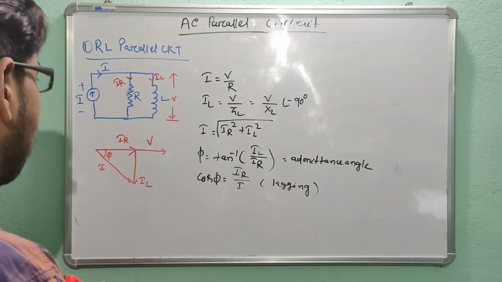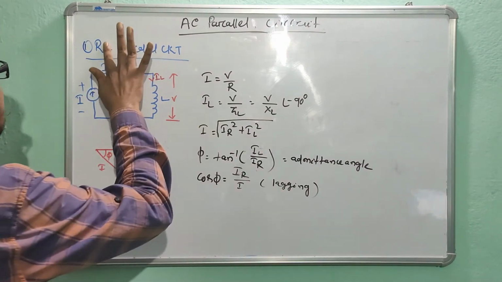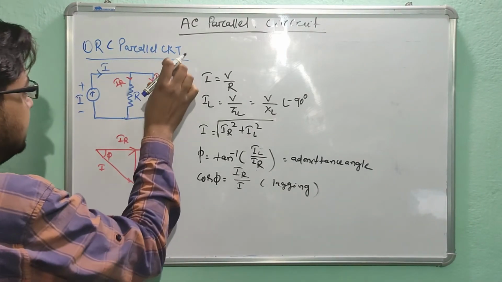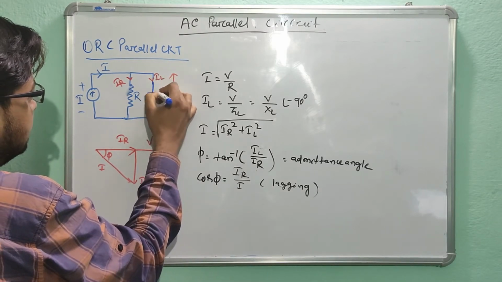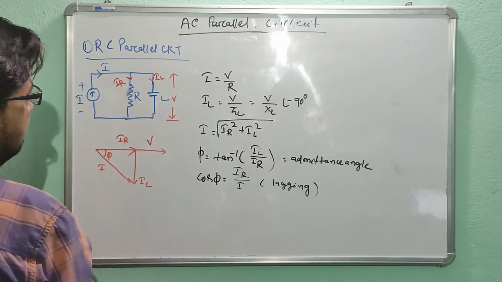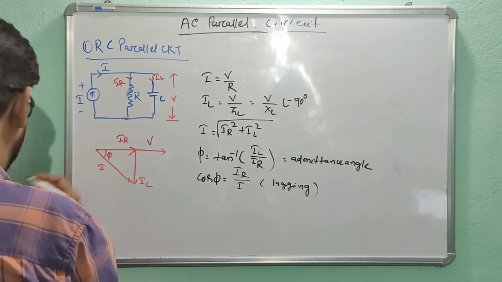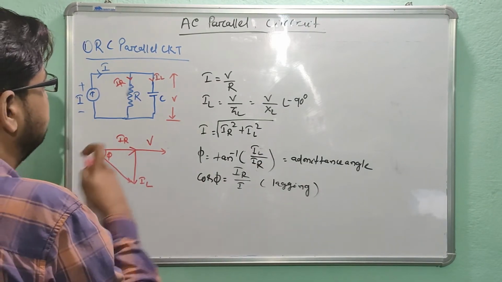Next we will discuss the RC parallel circuit. So this is my RC parallel circuit. For RC, we have to connect a resistance in parallel with a capacitor C, and this is my IC value.